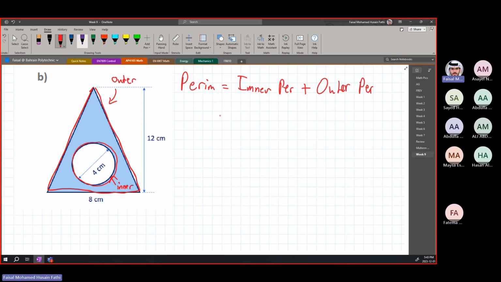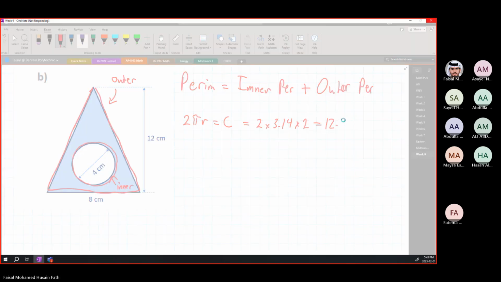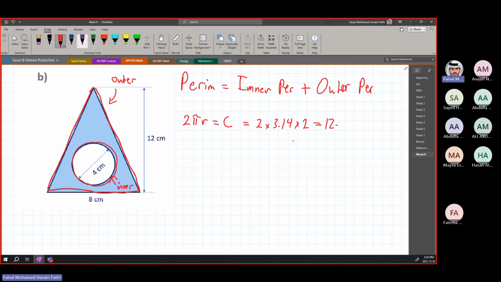It's simply 2 pi r, which is the circumference. You find that, and the value is 2 times 3.14 times 2, so it's going to be 12.56 centimeters. Sorry, not squared, just centimeters.